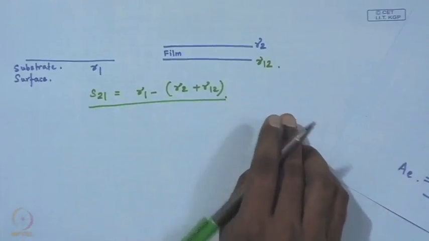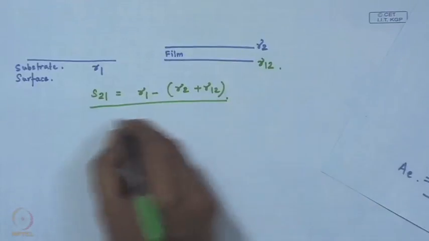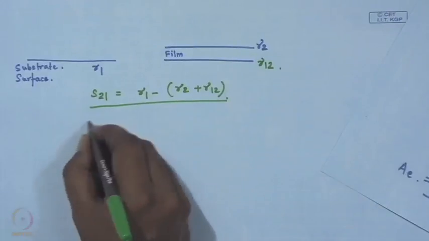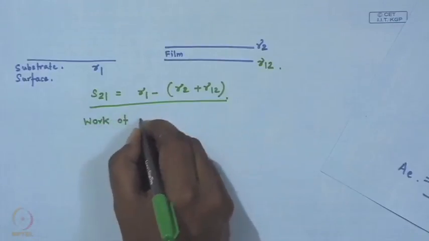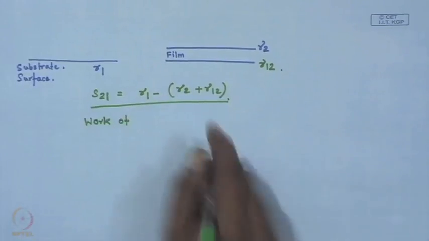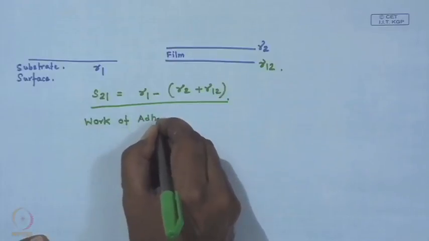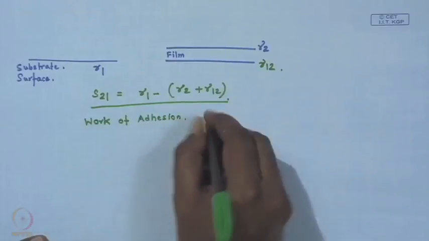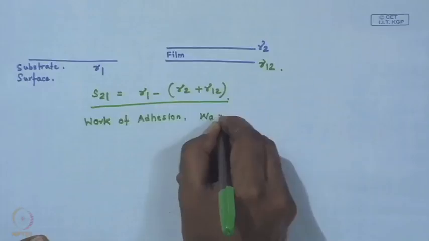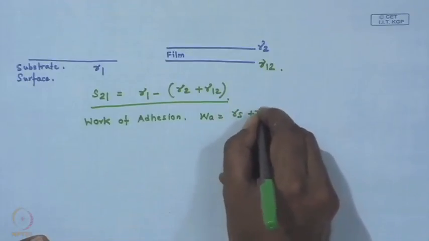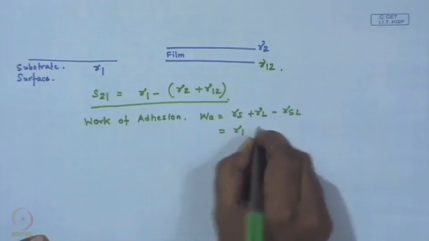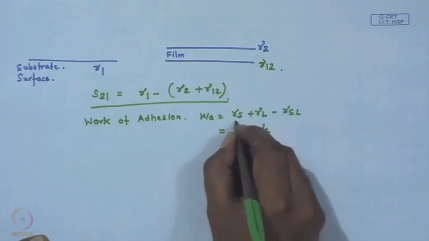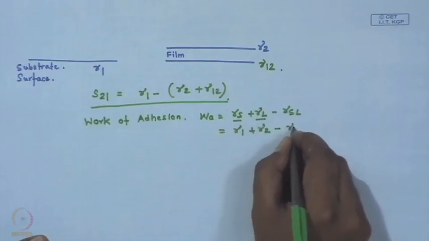There is another parameter that can be defined, that is known as the work of adhesion, also based on similar concepts, which is W A, which is gamma S plus gamma L minus gamma S L, or in this case it will be gamma 1 plus gamma 2 minus the interfacial tension, for solid and liquid.